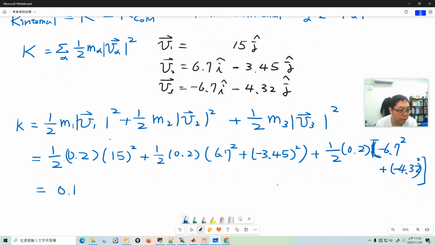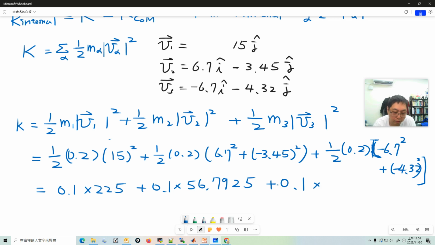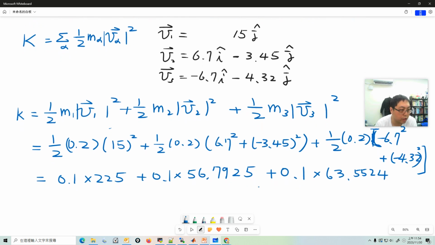This is 0.1, this is 225, and this is 0.1. The central part, 6.7 square plus 3.45 square, is 56.7925. The last term, 6.7 square plus 4.32 square, is 63.5524.